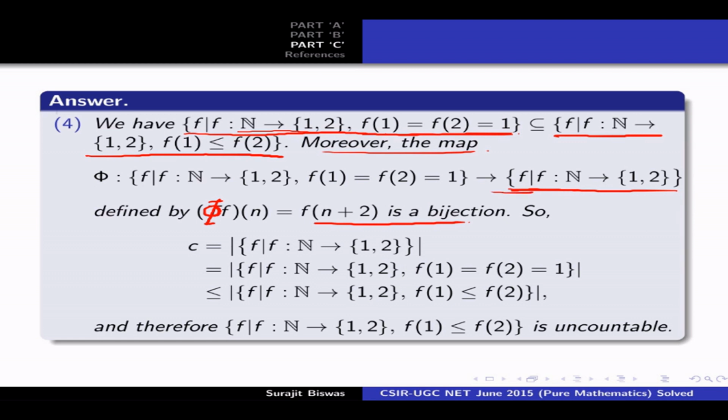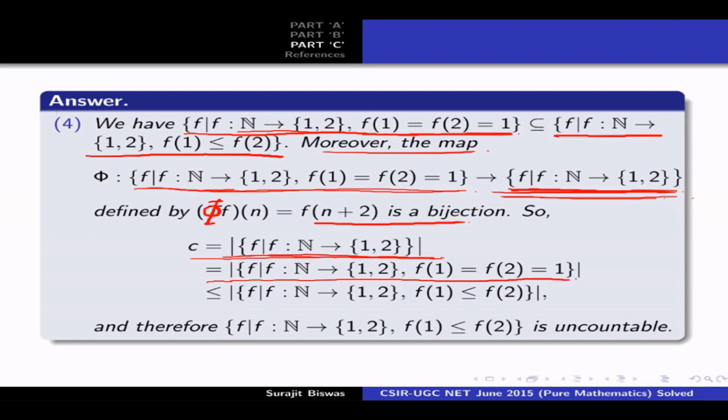So we have already shown that the set of functions from the natural numbers to {1, 2} is uncountable; its cardinality is c. Since phi is a bijection, the cardinality of this set is the same as the cardinality of that set.